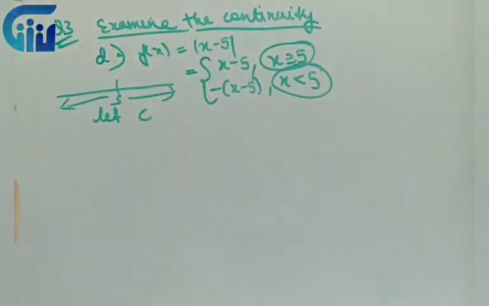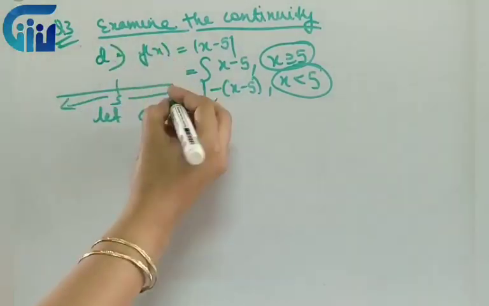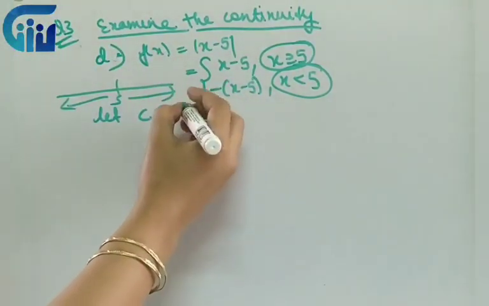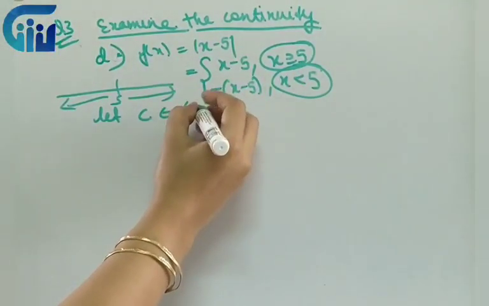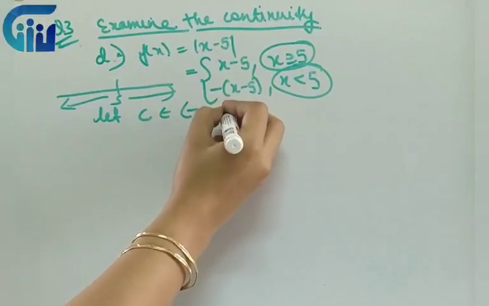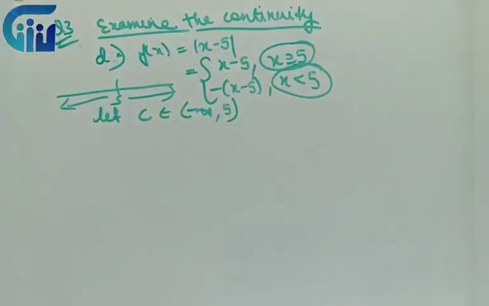I am not saying any particular point. Let c be any real number which belongs to minus infinity to 5, that means all those real numbers which are less than 5. So it can be 4, it can be minus 4, it can be minus 6, any real number. Multiple real numbers you can have.